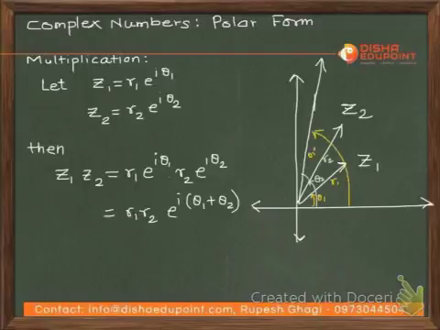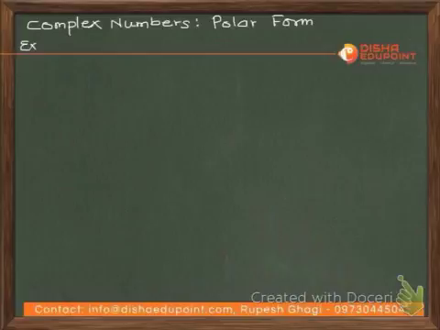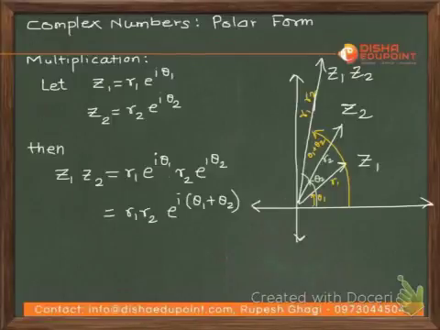So what you have to do is draw a line with the angle of theta 1 plus theta 2, and its length should be r1 times r2. This is how we can interpret the multiplication of two numbers on the diagram. Whenever you are multiplying two numbers, you should try to remember this. It will help you to solve many problems in competitive exams quickly.